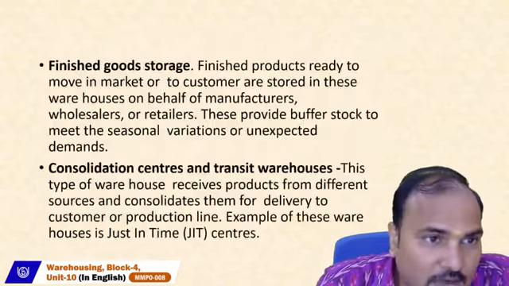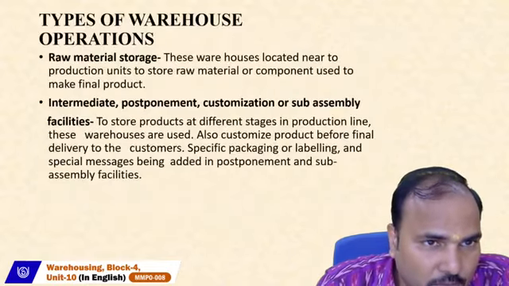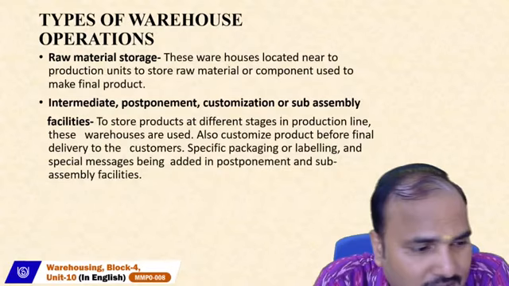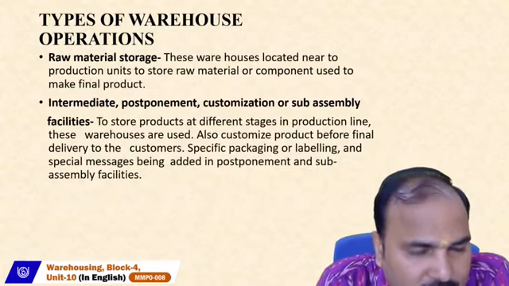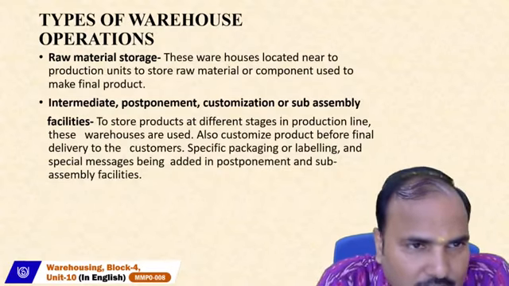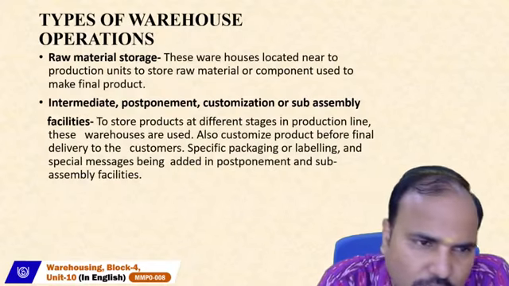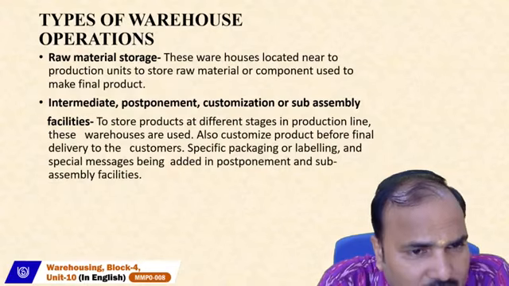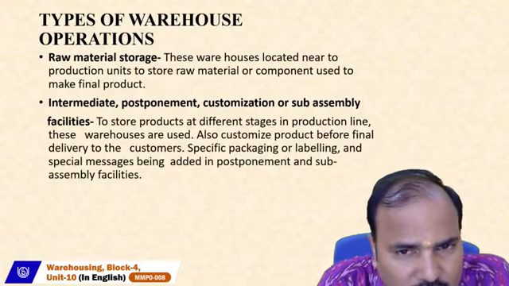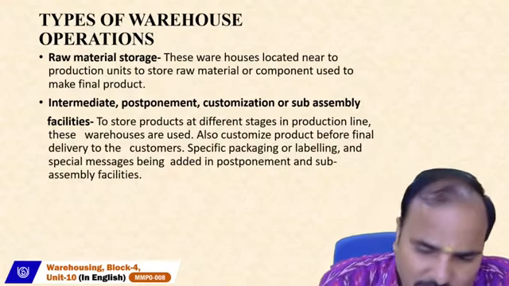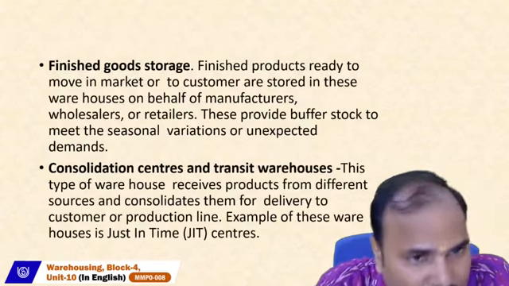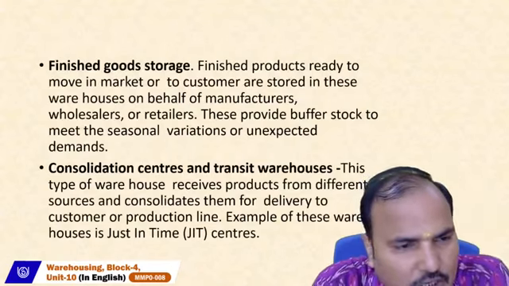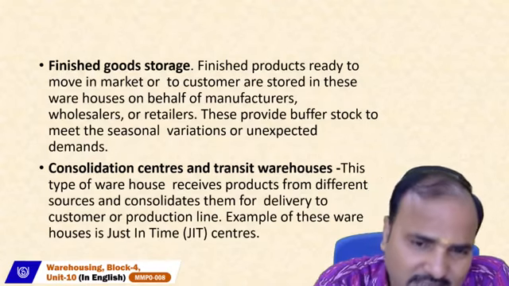I am again repeating the types of warehouse operations, just briefly. Already we have discussed them. One is raw material storage, another is intermediate, postponement, customization, or sub-assembly facilities. Next are finished goods storage facilities, consolidation centers and transit warehouses.